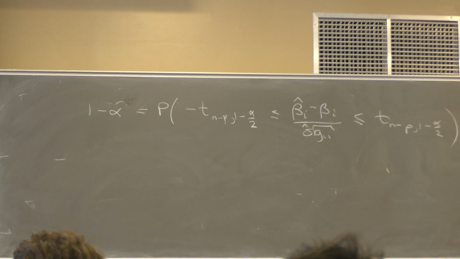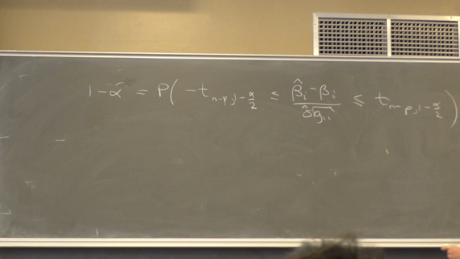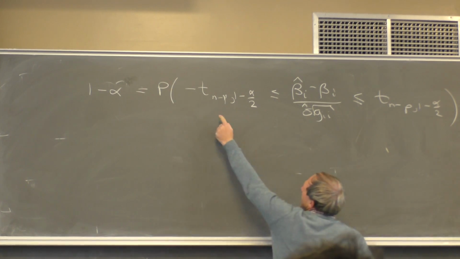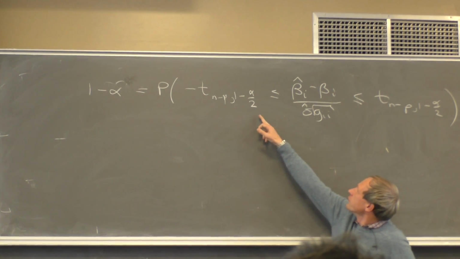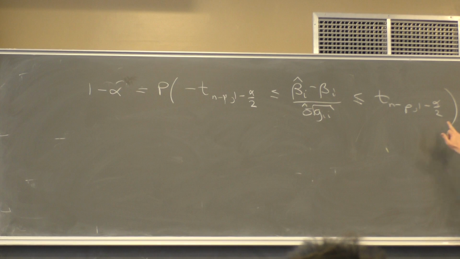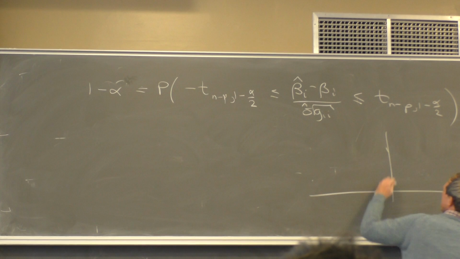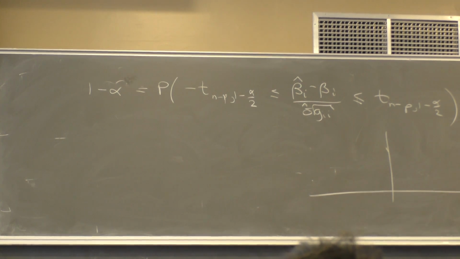It's 1 minus alpha over 2 for the quantile, and the probability of being less than minus that is alpha over 2, and the probability of being bigger than this is alpha over 2. Sorry, I got myself in a bit of a twist with what I was saying here, so I'll draw a picture to clarify.